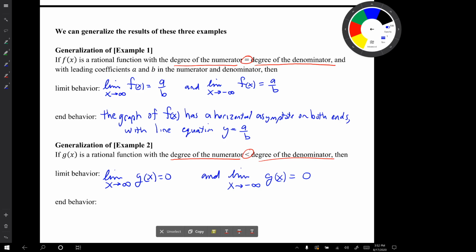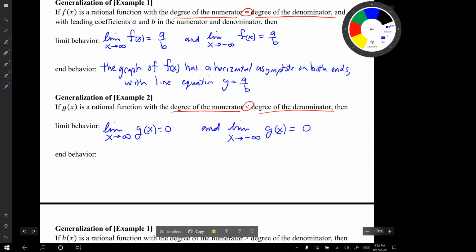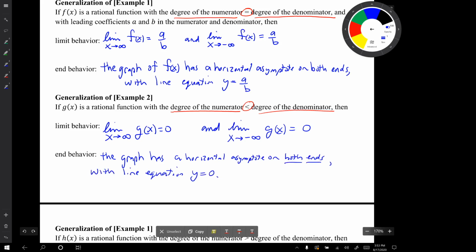This generalizes to any rational function where the degree of the numerator is less than the degree of the denominator. And remember what this corresponded to. It corresponded to the graph having a horizontal asymptote on both ends with line equation y equals 0. That's the generalization of example 2.